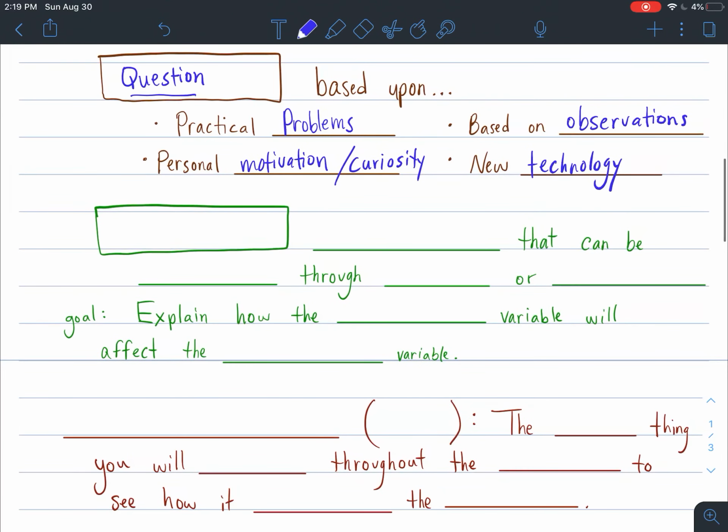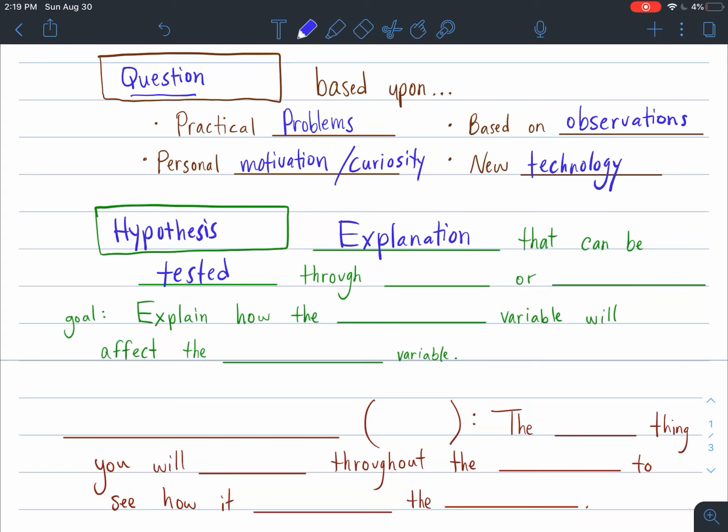Now, once you have a question, you're wondering about something, then scientists will develop a hypothesis. A hypothesis is an explanation that can be tested. It has to be able to be tested. You have to be able to run a test in order for it to be a valid hypothesis.